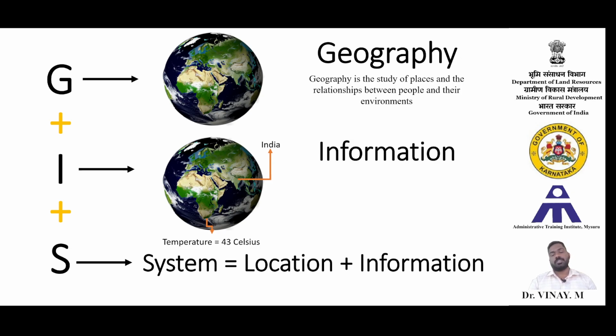Location plus information is the location of a particular geographical feature, let's say a lake, and the information about the lake, like the lake name, lake extent, water quality, different parameters, will come under the information part. So we can embed both geography and its associated information together in the form of a system, and all together it is called a geographical information system.